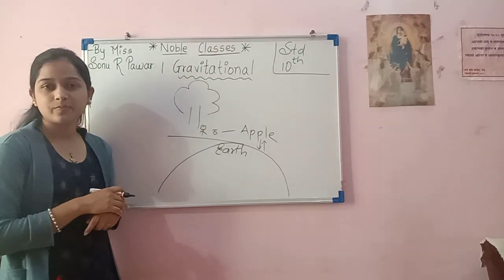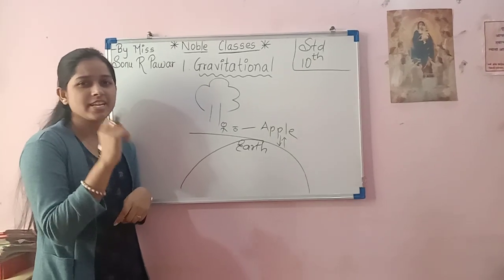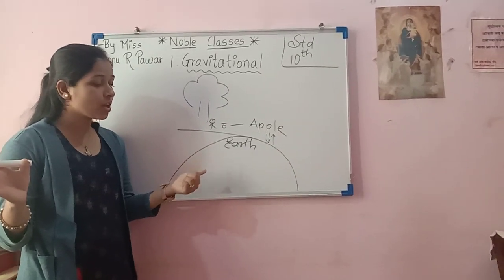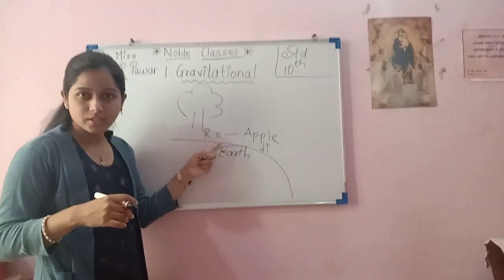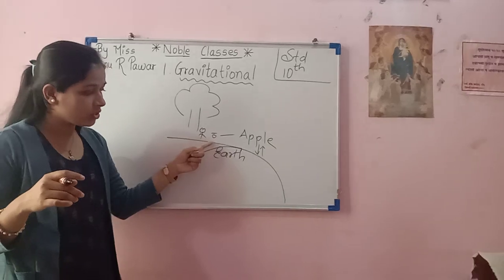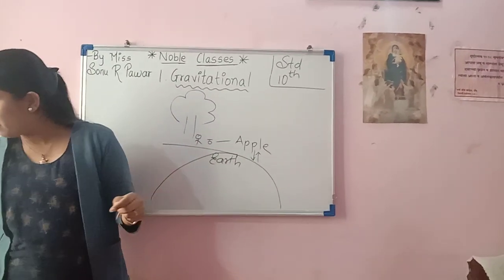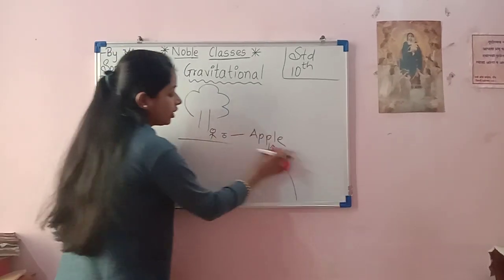Why does this happen? Apple is very small, very tiny, but the earth is large. That means the gravitational force of the earth is far greater than that of the apple. That's why this apple falls on the earth. There are many things in this entire universe which are attracting towards each other.